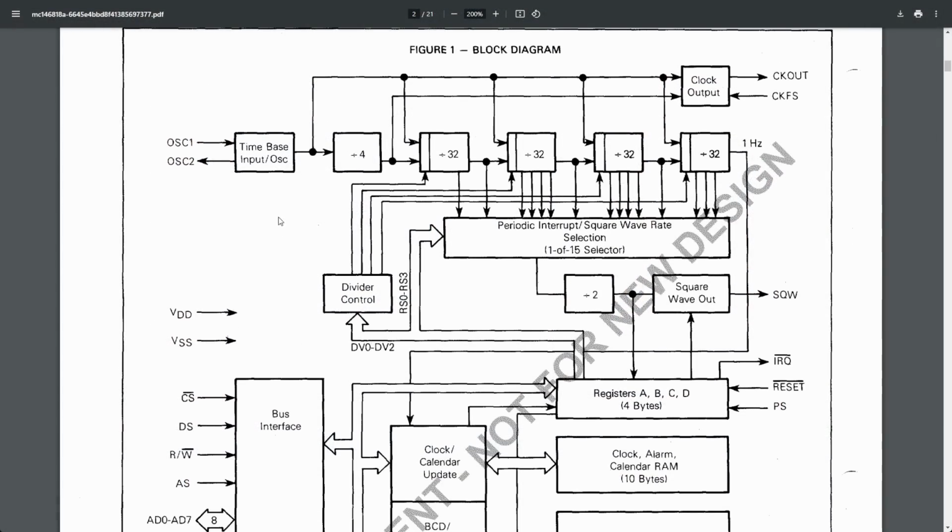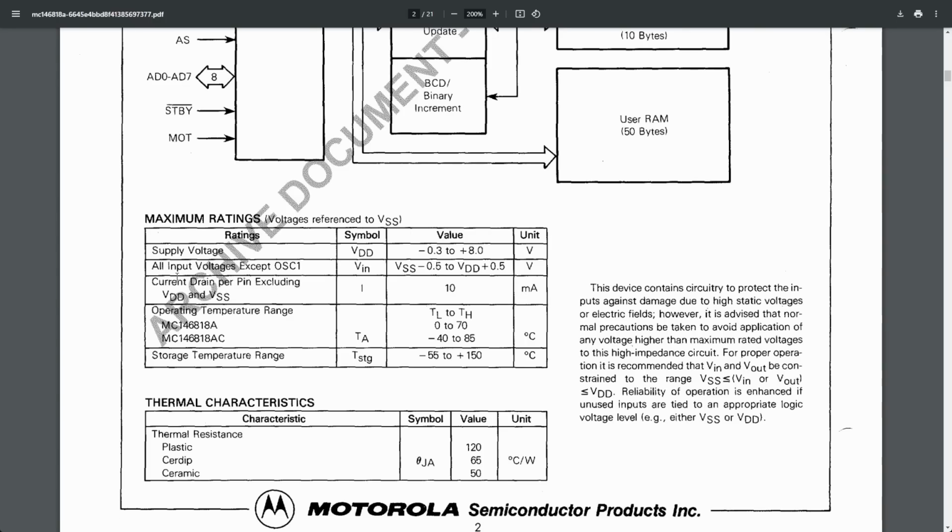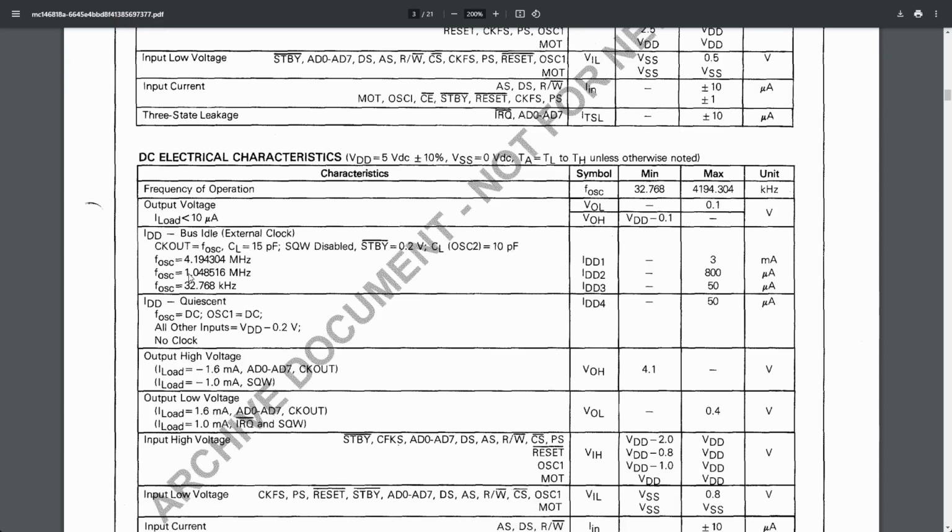Okay, so then let's continue, because right now we don't know what these 2 pins are for. Here in the block diagram, we can see that OSC1 seems to be an input pin, but it also gives an output. So OSC2 seems to be an output. Let's see, maybe we can find some more details about these pins. Here we have some frequencies, megahertz, kilohertz.